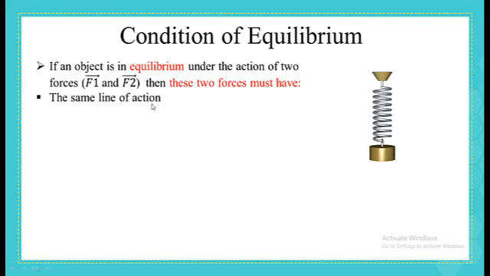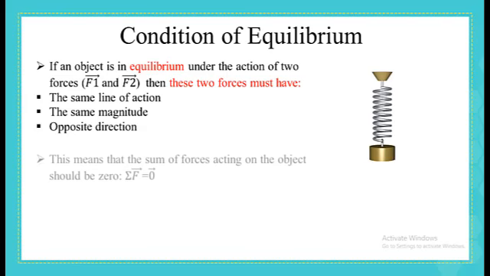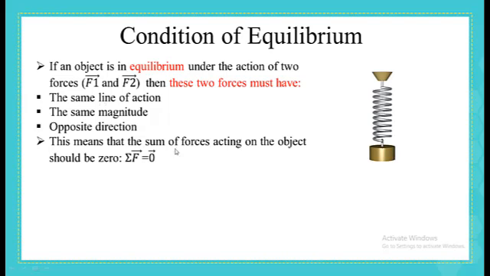They should act along the same line of action. They have the same magnitude, but opposite direction. In a way, if we get the sum of these forces acting on the body, the result will be zero vector. The resultant of these two forces is a zero vector. The net force is equal to zero because they will cancel each other.